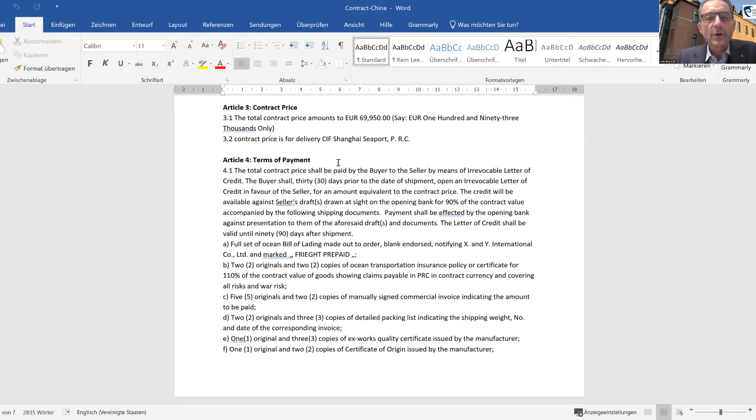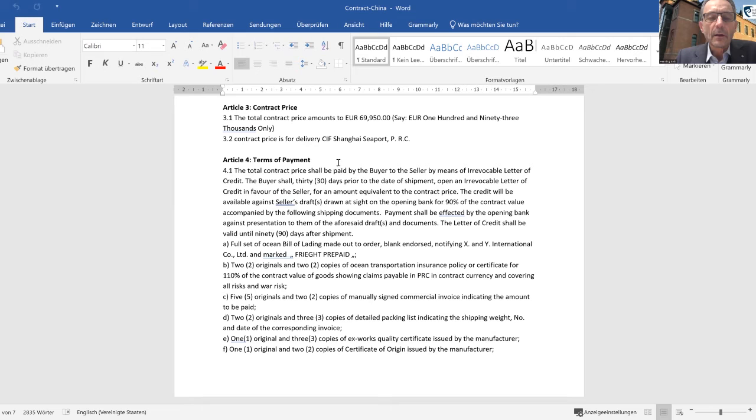So the total contract price shall be paid by the buyer to the seller, so from the Chinese company to the German company, by means of, and that's the case here, an irrevocable letter of credit. That is the tool where the bank promises to pay if all things are fulfilled by the seller or exporter.